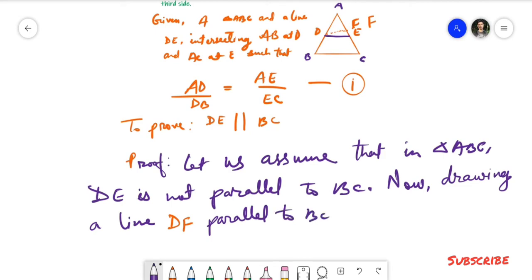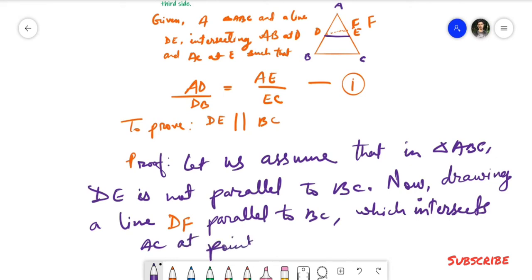Suppose parallel to BC. I draw a line which is parallel to BC. We are just supposing, we are assuming, it is not given anywhere, we have just assumed it, okay. This was your BC, which intersects AC. This is AC, okay, AC at point F. So this is done.